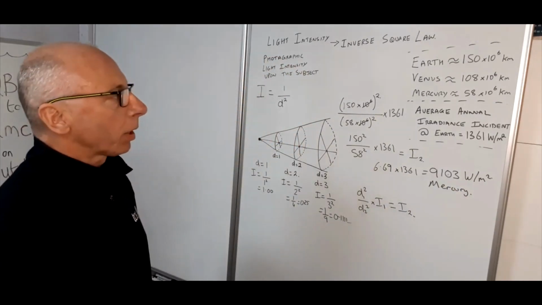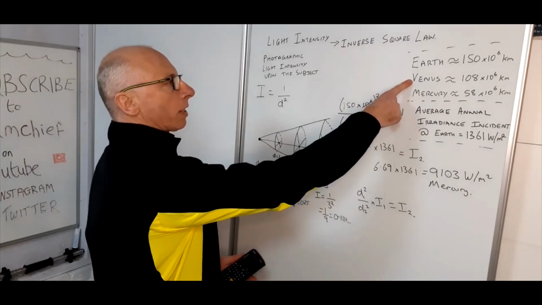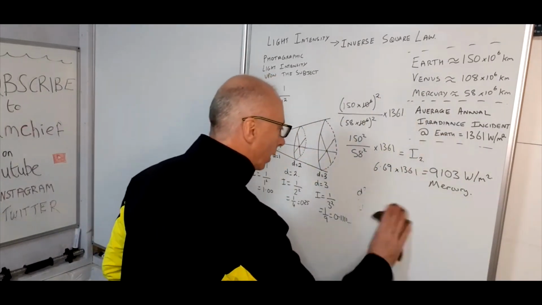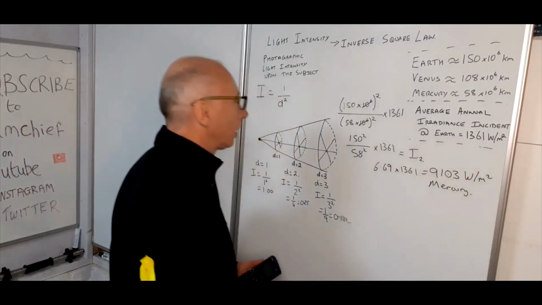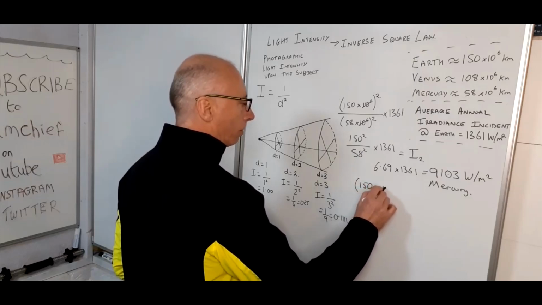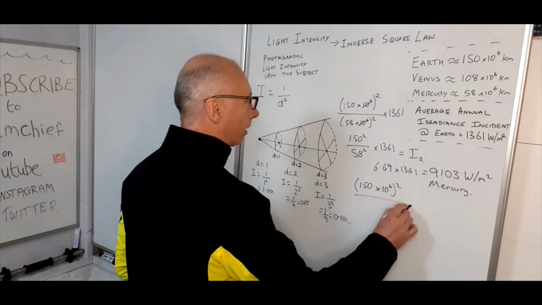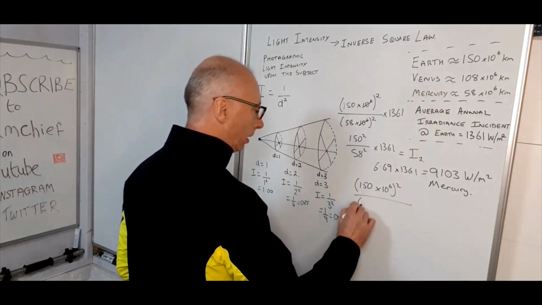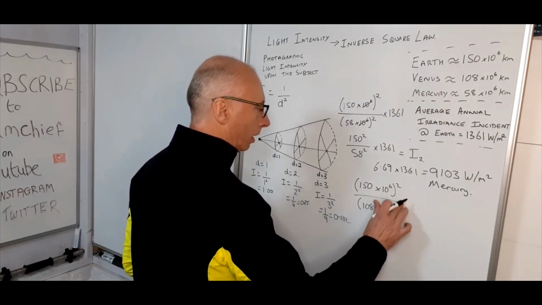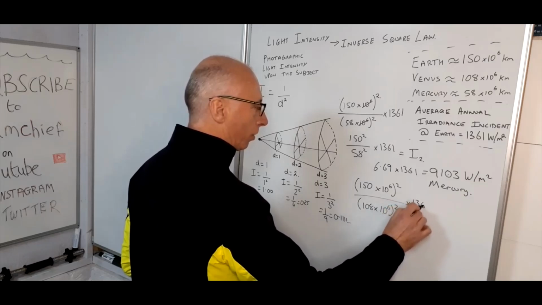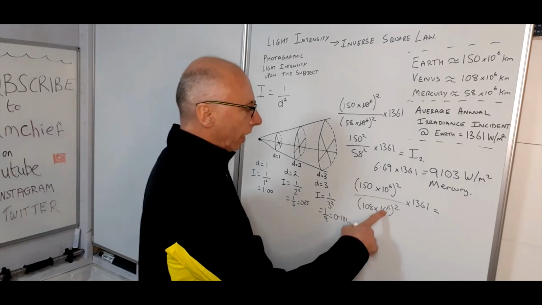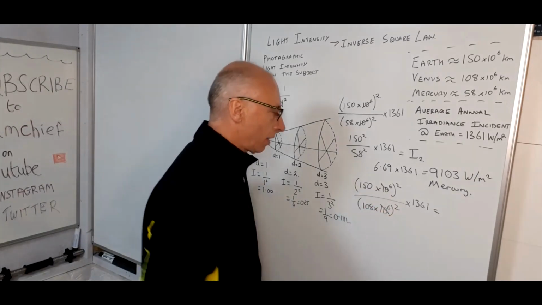Okay, so now we can work it out for Venus. We can just go straight into this formula here. We can take this one off the board now because we know it. So at the Earth it's 150 times 10 to the 6 squared over 108 times 10 to the 6 squared times 1361. As we did before, we can cancel these 10 to the 6's out.